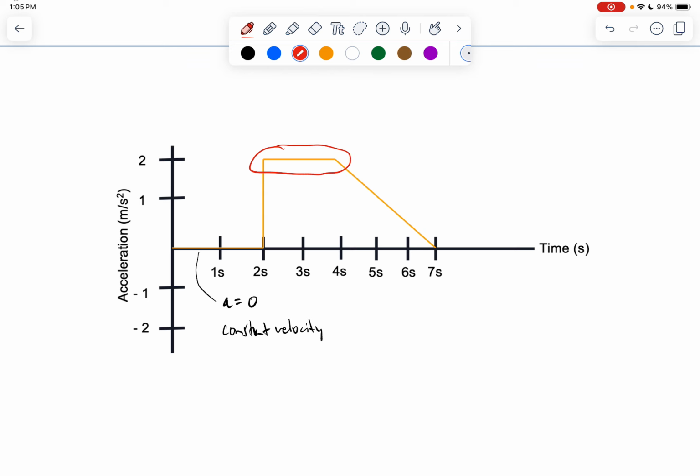We then jump up from 2 seconds to 4 seconds. So we're going to have an acceleration equal to 2 meters per second, sorry, 2 meters per second squared.